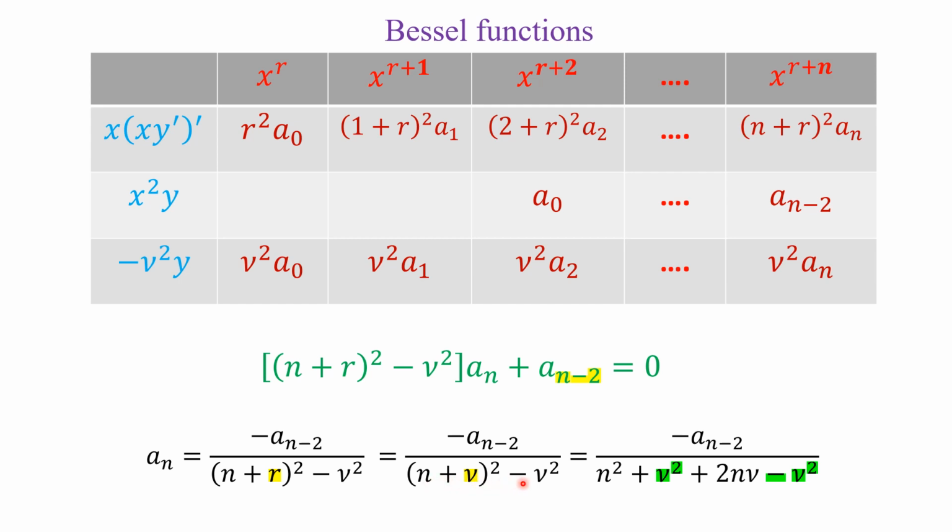And if you square it, n plus nu squared is equal to n squared plus nu squared plus 2 nu, minus nu squared. This green color I have highlighted. Nu squared will go away. Only you will have n squared in the numerator. You have only n squared plus 2n nu. We will see what will happen to this.